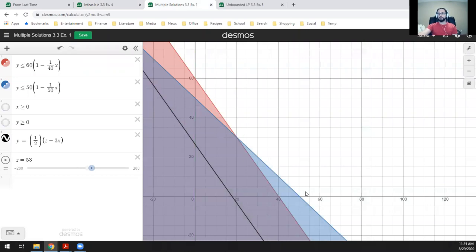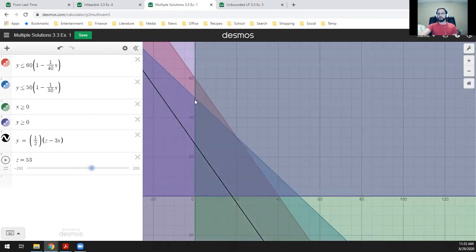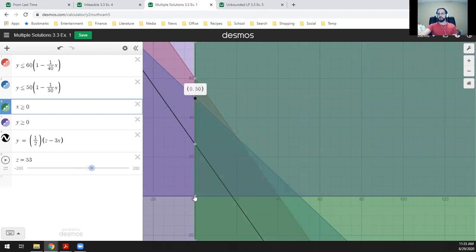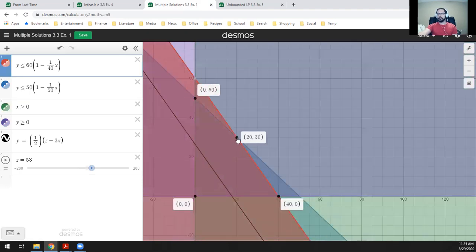Everything in blue below this line segment. So it's going to have to be in this purple region, and obviously bounded above by these axes. So it's in this region I'm marking off here, here, here, and here. The shape bounded by those 4 points is the feasible region of this LP.